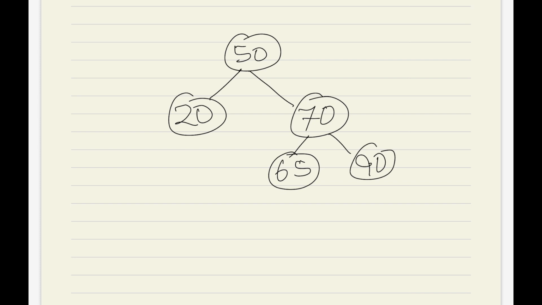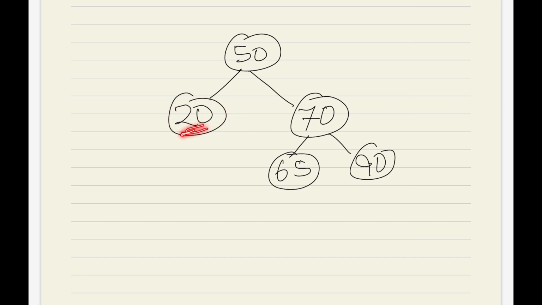So assume this is a binary search tree. Now we want to find the minimum. So first come to the root, and it has a left subtree and a right subtree. We know that the values in the left subtree are less than this root. So come to the left subtree. So here we reached 20.